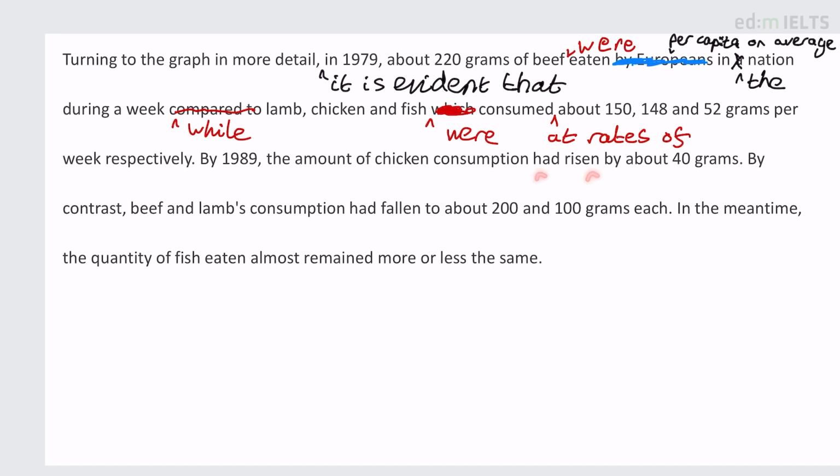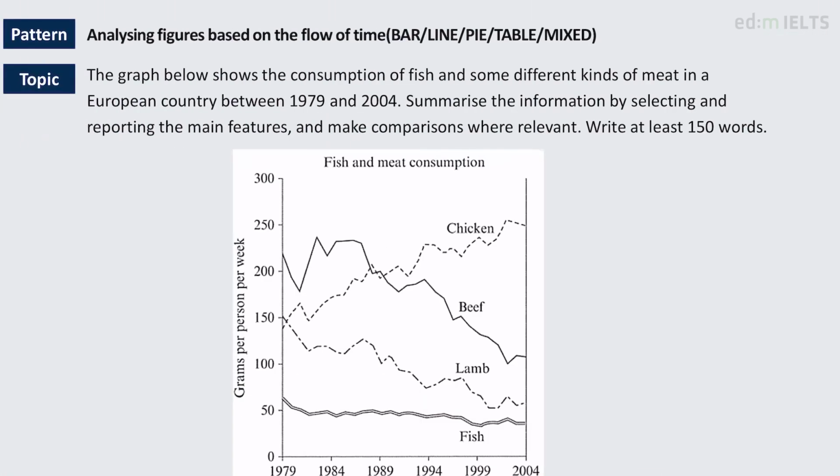So had risen by about 40 grams. And we do this if we're just highlighting changes between two specific times in the past. So we've been talking about a previous time. By this time, this change had happened. So we can check that.